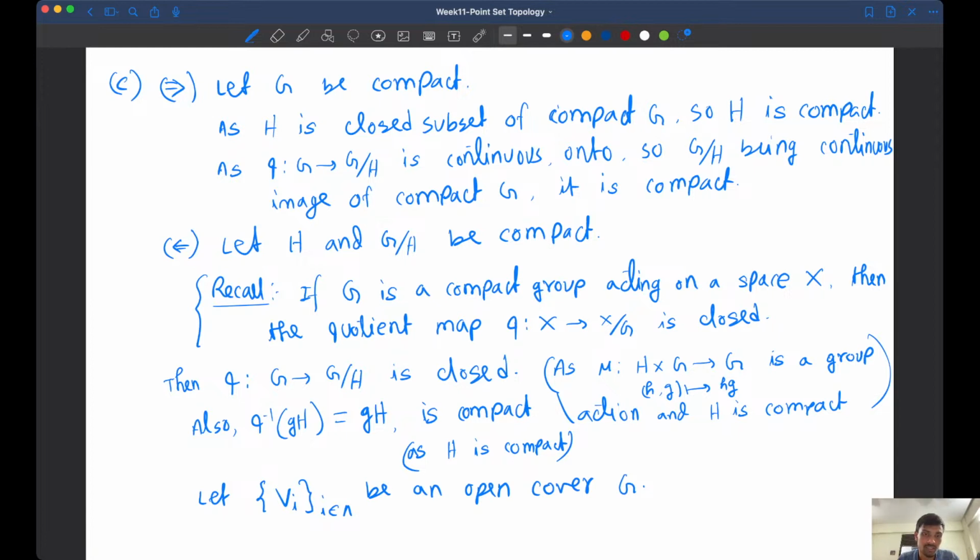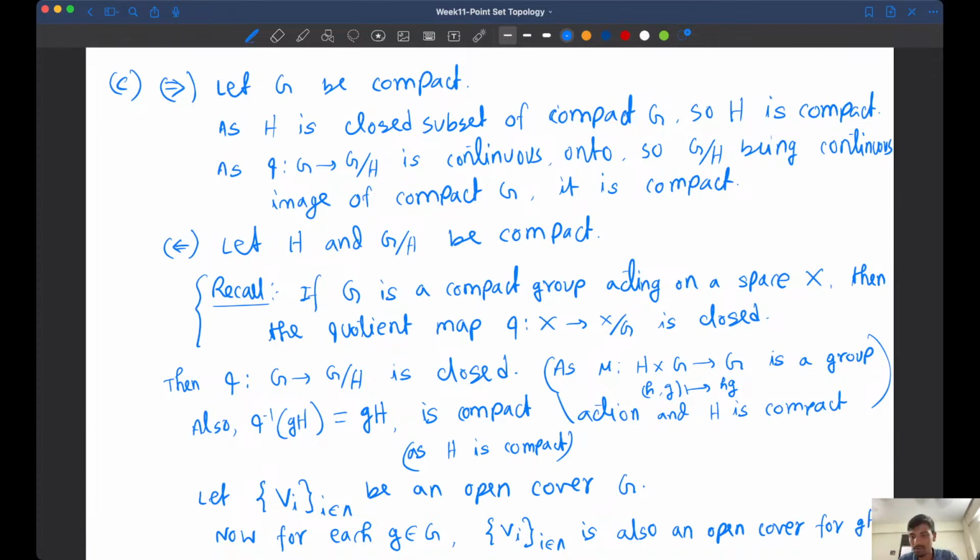So for each g belongs to G, {V_i : i belongs to lambda} is also an open cover for this gH, and gH is compact.